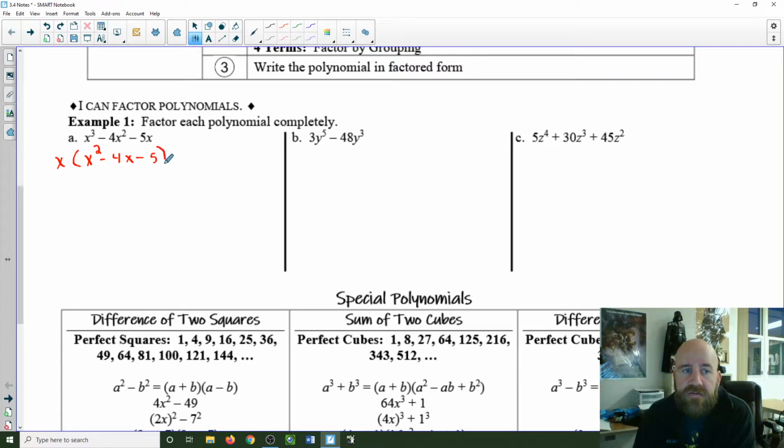From here, it's a quadratic, so we can factor that. Factors of -5 that add up to -4 would be -5 and 1.